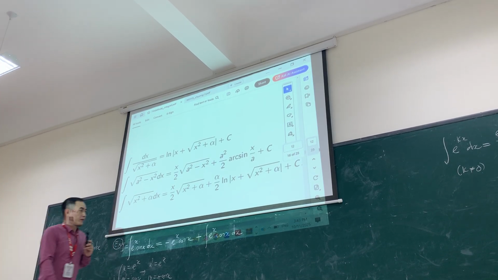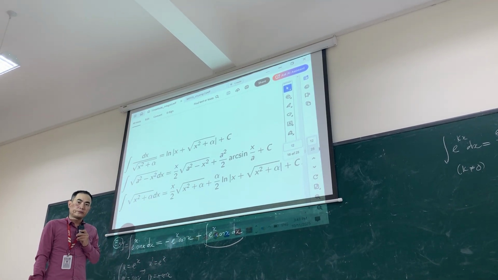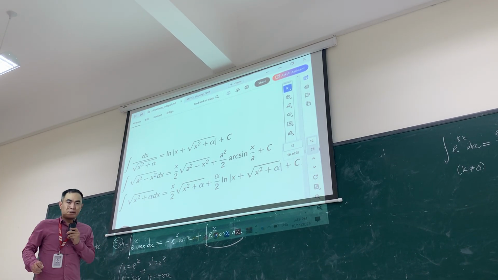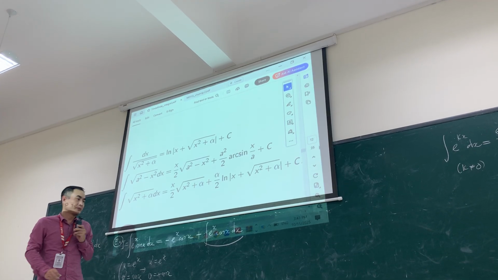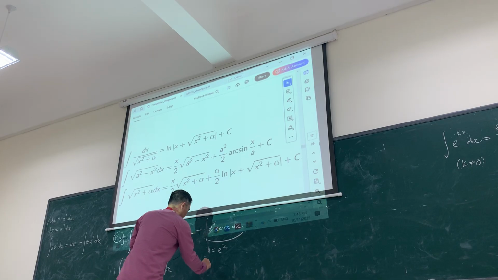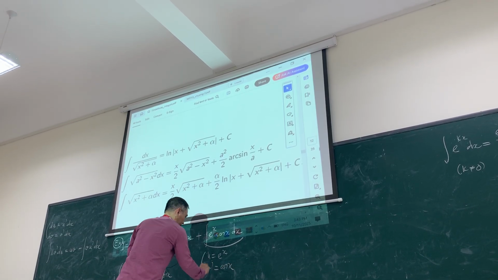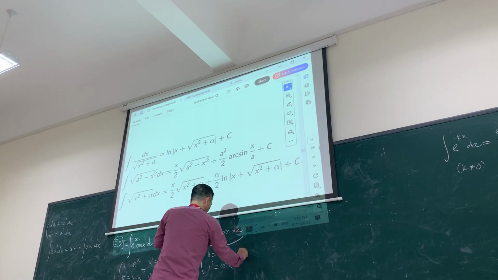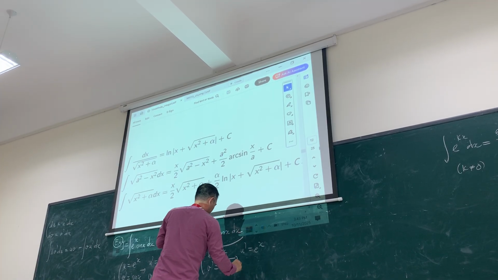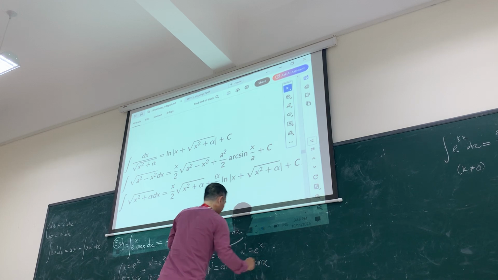Okay, now continue. The integral, we apply integration by parts again. We take u equal exponential x, v prime equal cosine x. Okay, we have u prime equal exponential, v equal sin x.